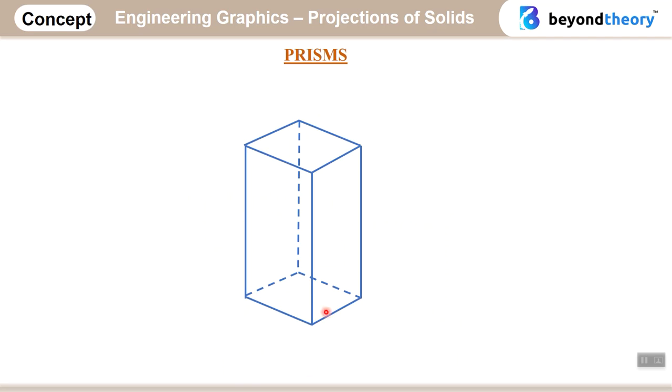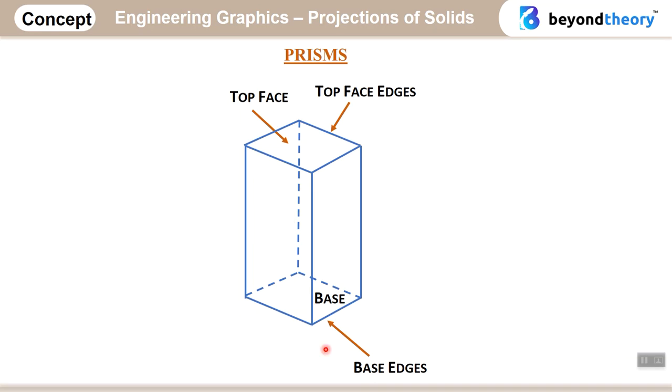This surface of the prism is called the base of the prism, and this surface of the prism is called the top face of the prism. The lines that form the base are called the base edges, and the lines that form the top face are called the top face edges.